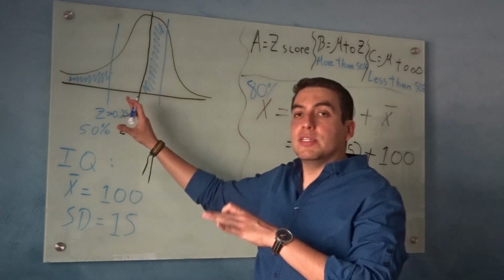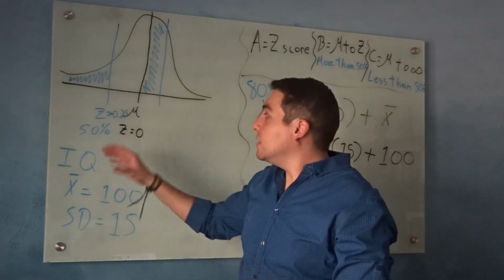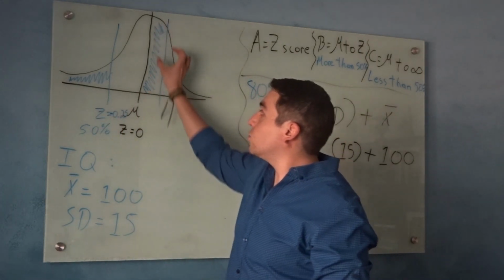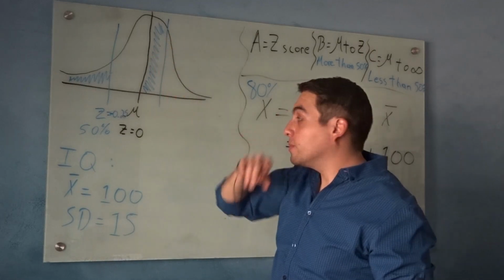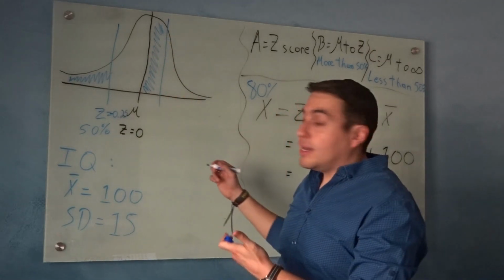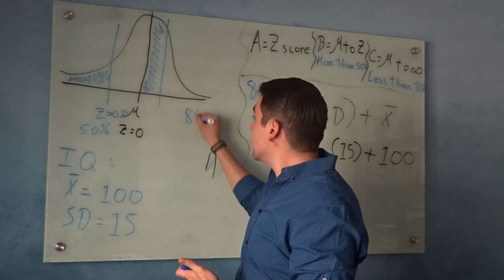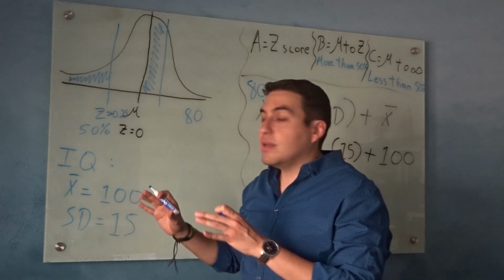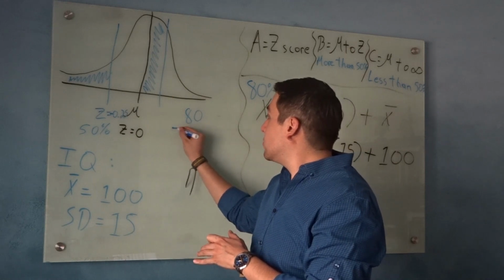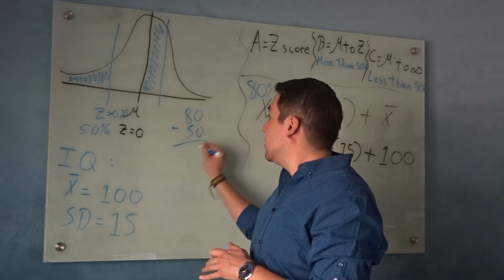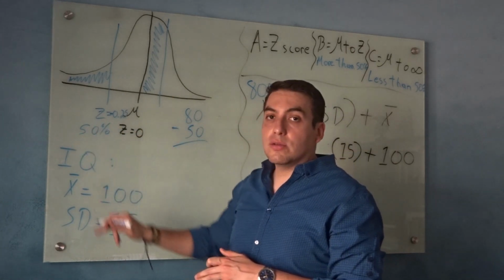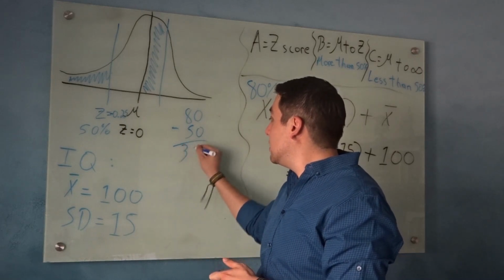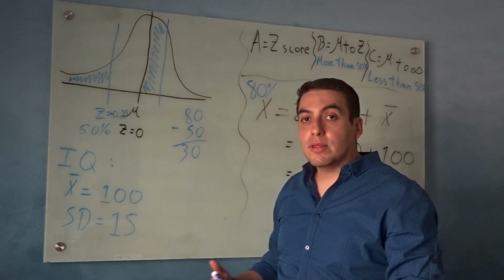So that 50% is already given to you. The only thing that you need to look for is what is remaining here. So if in this case we're looking at an 80, what we look into the B column is not going to be for an 80, because we're going to subtract the 50 that is already given to us here. So what we're going to look for is the remaining, which is a 30.